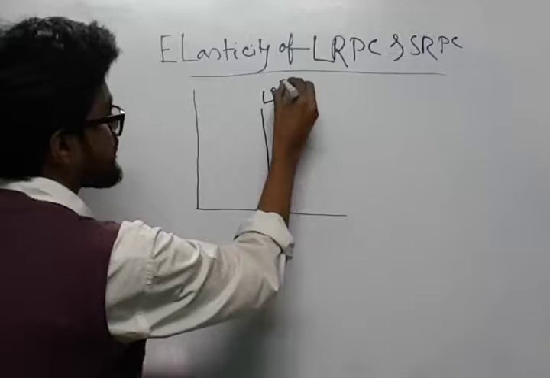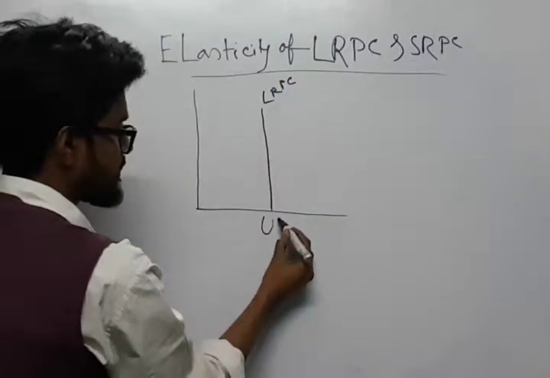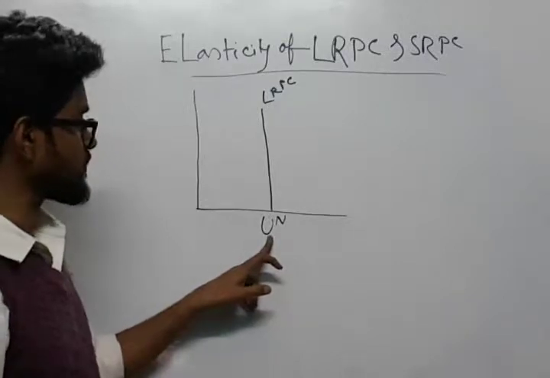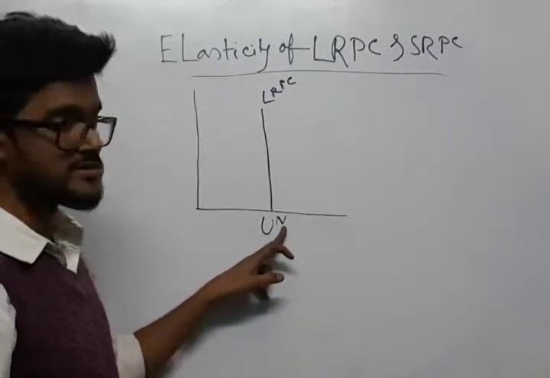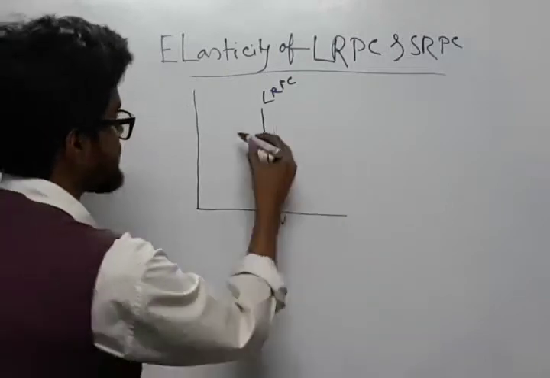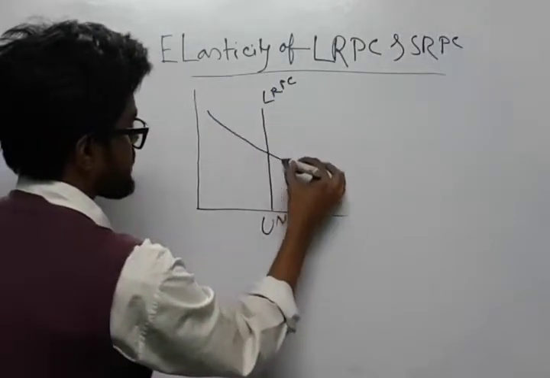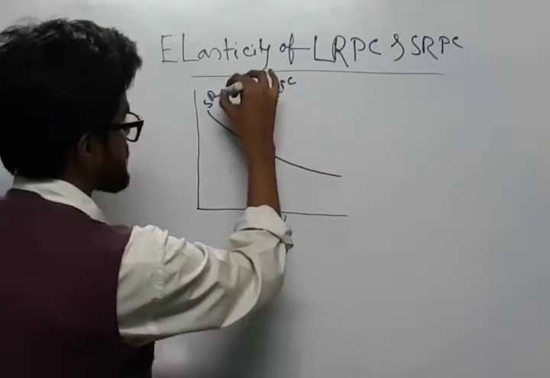So this is the long run Phillips curve because at this level the unemployment has reached its natural level, and this is the short run Phillips curve.